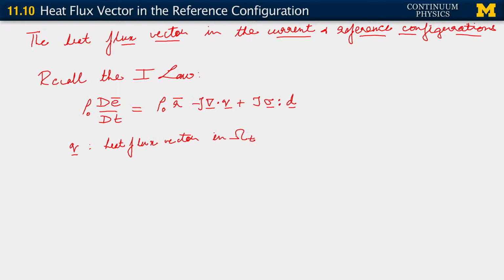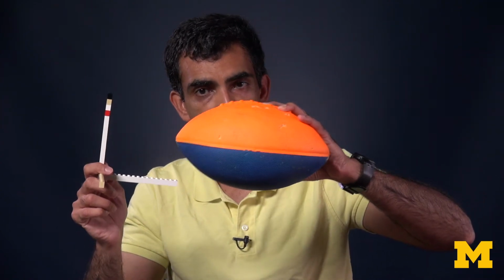Okay, and it is defined in omega t because of the way we first obtained our first law of thermodynamics. If you go back a few segments, you will recall that our treatment involved looking at a body not in the reference configuration but in the current configuration.